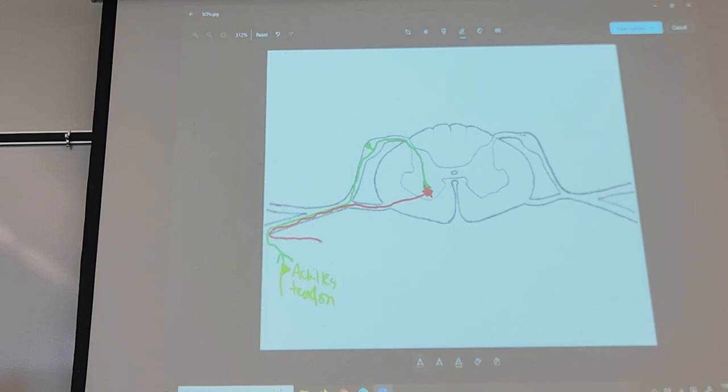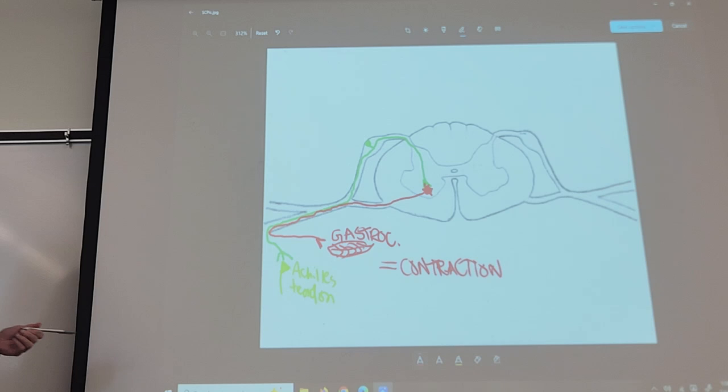Then it comes out and it terminates on, again, we're not artists here, muscle fibers. Gastrocnemius muscle. And the overall desired effect is gonna be contraction in response to the stretch stimulus, right?